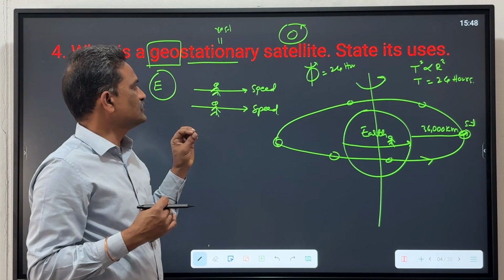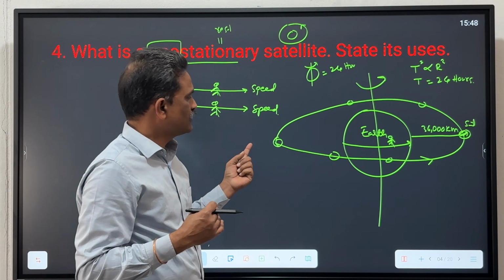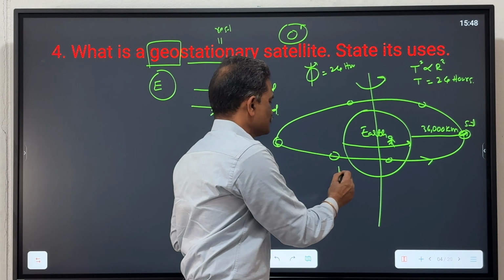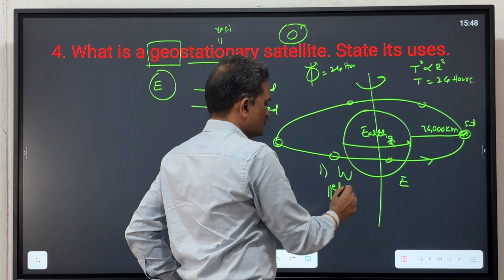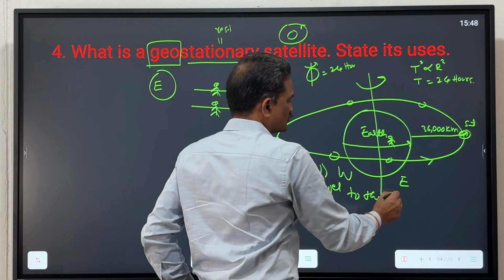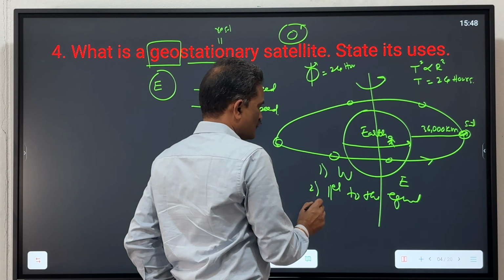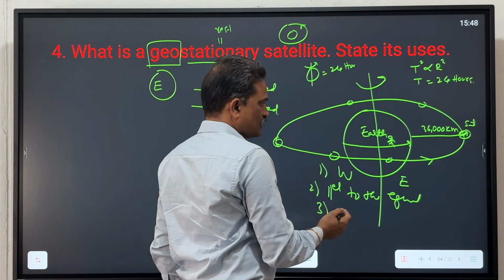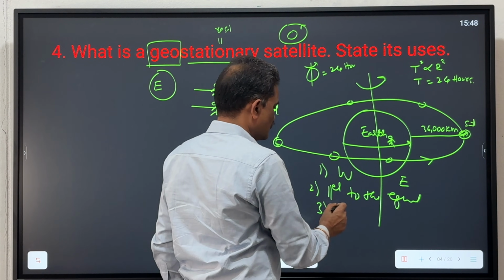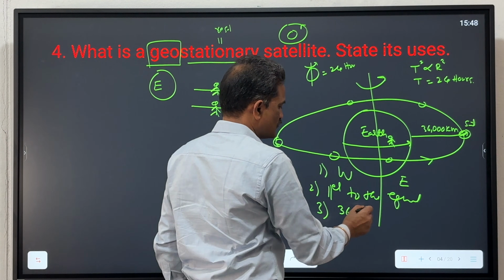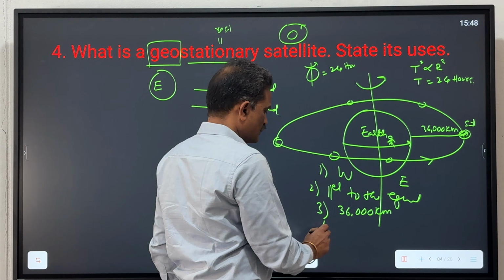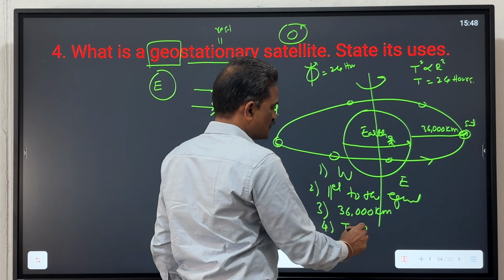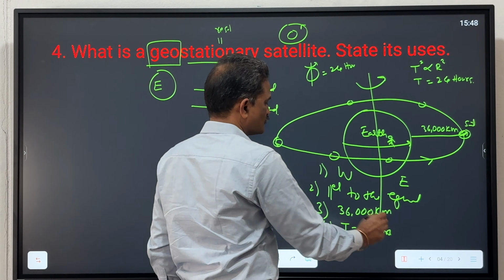So what do you mean by geostationary satellite? A satellite which is going in the direction of west to east, number one; parallel to the equator, the second one; third, the satellite is revolving in a circular orbit at a height of 36,000 kilometers from the ground; and the fourth, whose period of revolution is 24 hours.